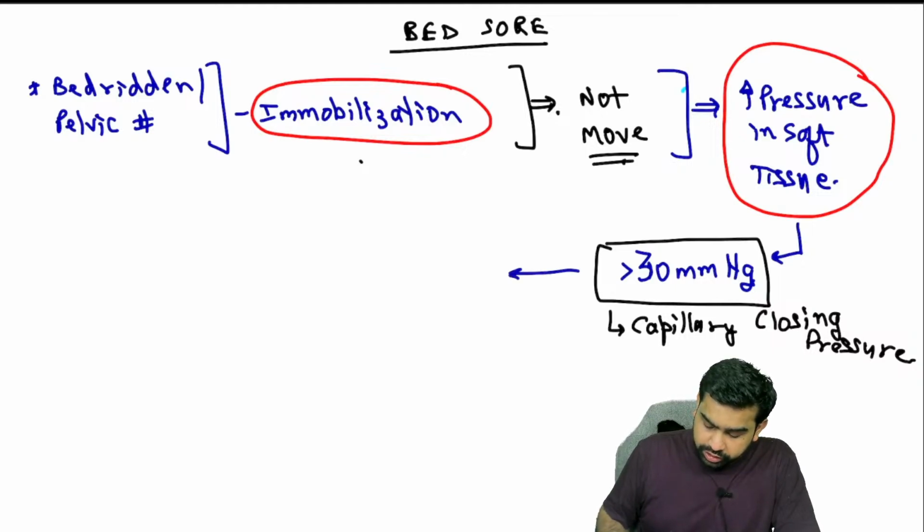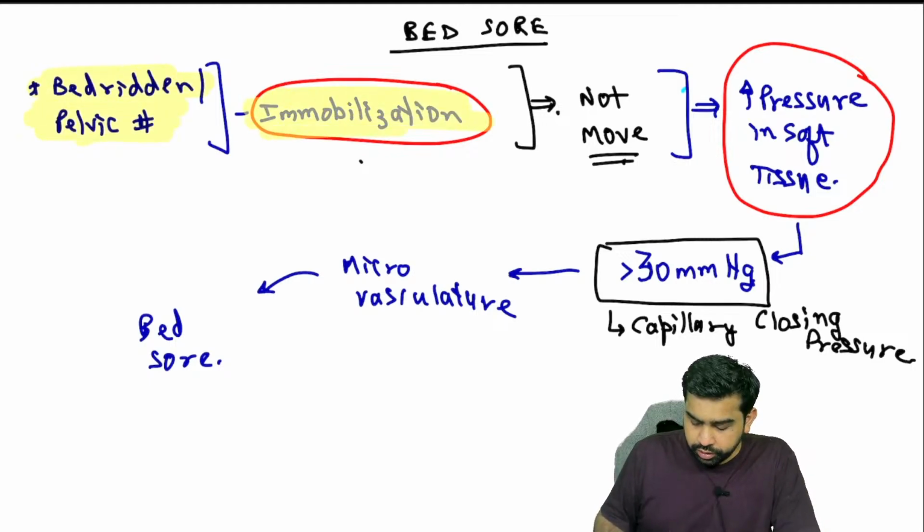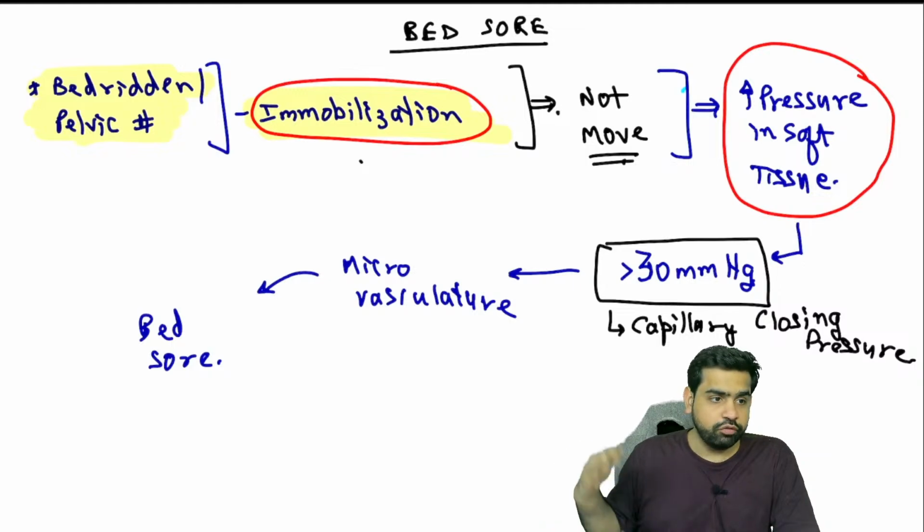The microvasculature will get affected, and because of this the patients land up with bed sore. These are the important things to understand. The risk factor is bedridden patients, those having a pelvic fracture, who are chronically immobilized and not able to move on their own.